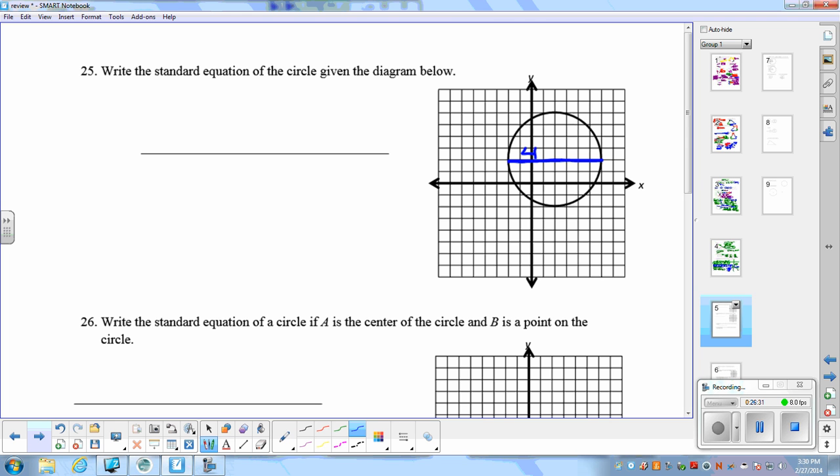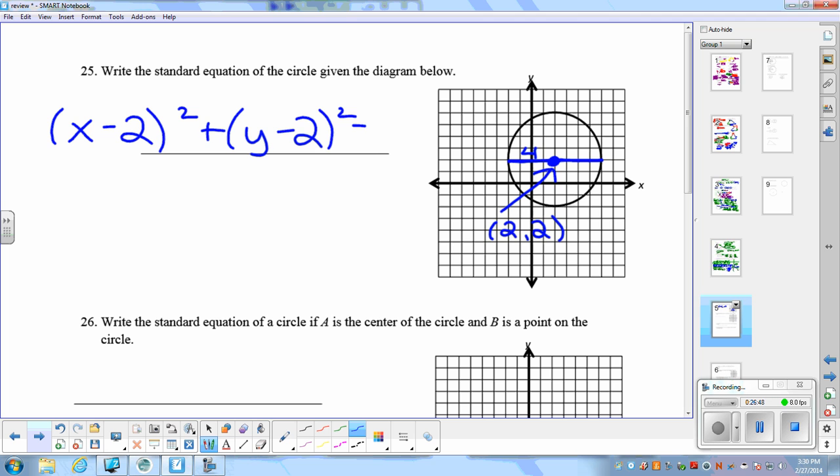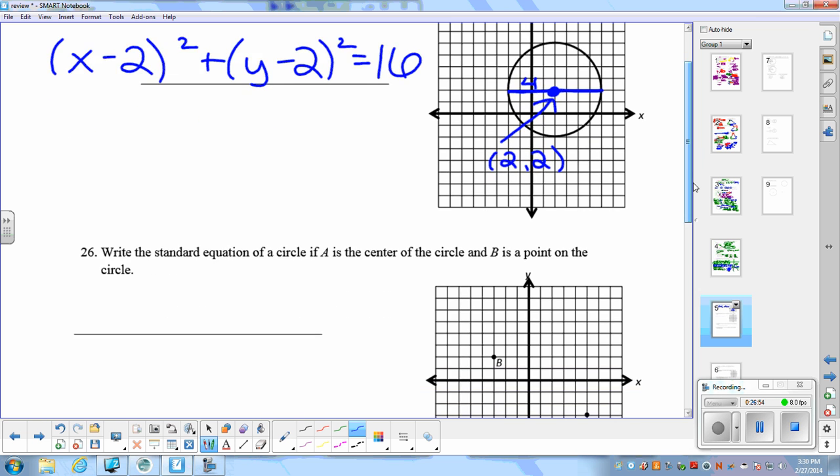So I know my radius is 4, which puts my center at this point right here, which is the point 2, 2. So when I have the graph, it makes writing the equation super easy. X minus 2 squared plus y minus 2 squared equals 4 squared, which is 16. And there's my equation.